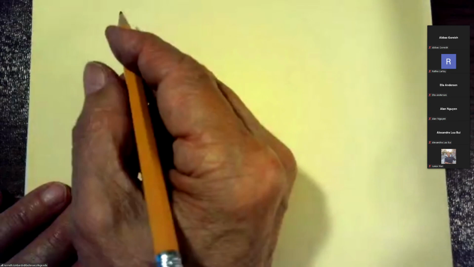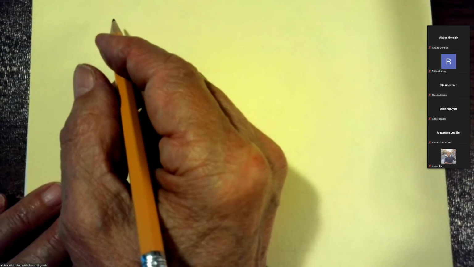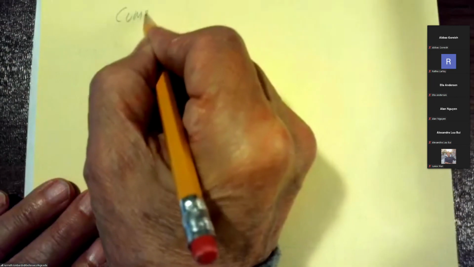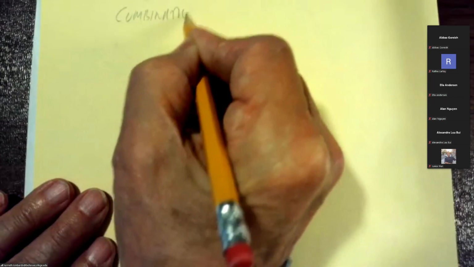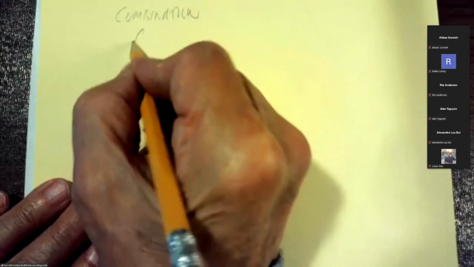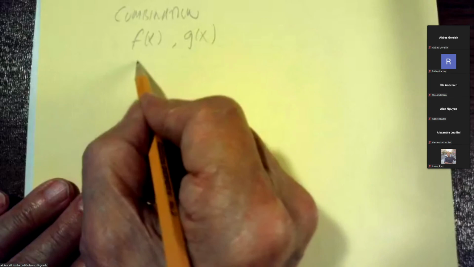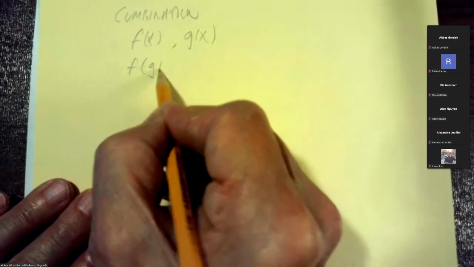Okay. And the last one I want to take you through is where we have a combination, where you might be given an f of x and a g of x. And I might say, what is f of g of x?